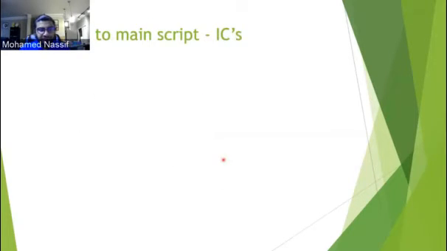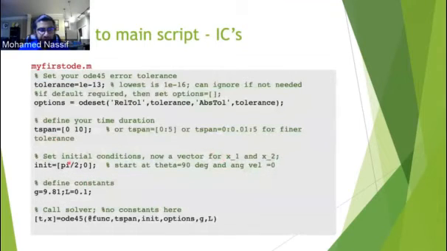And it changes to the main script. Basically, you define your constants again right here. I changed some settings here, so I changed my t-span to be 0 to 10 seconds. And then I changed my initial conditions to say that let's start from 90 degrees. So basically, let's start from a flat line and with 0 velocity. And then we call the solver here.